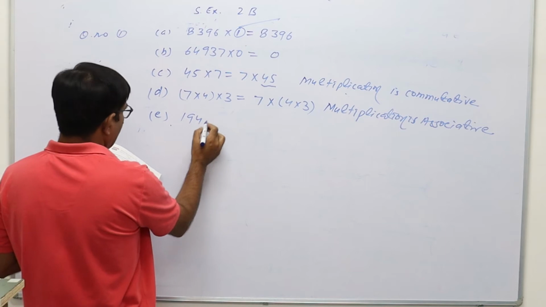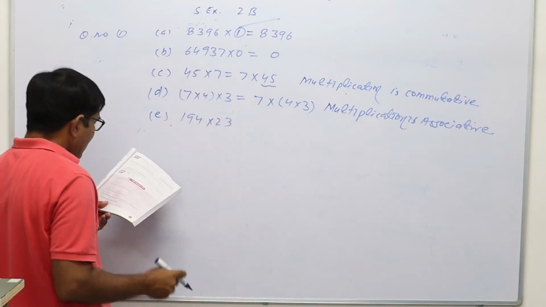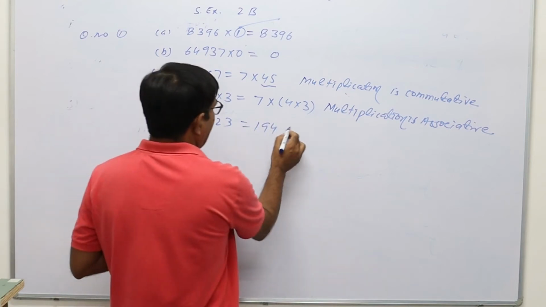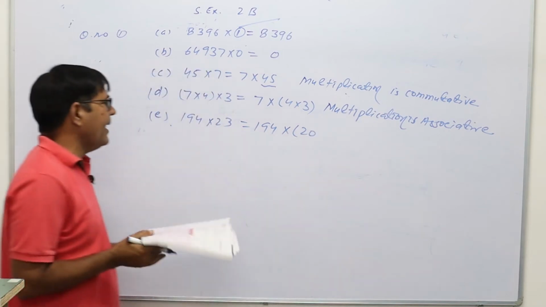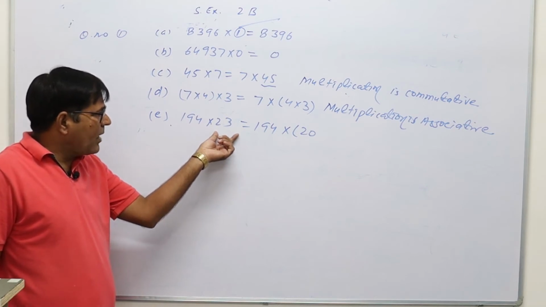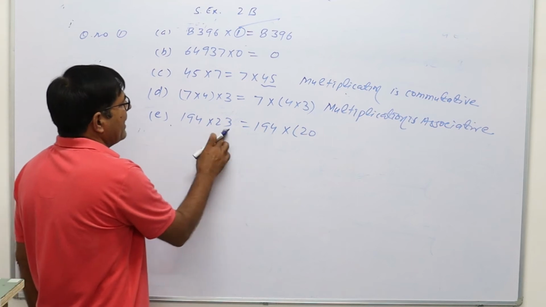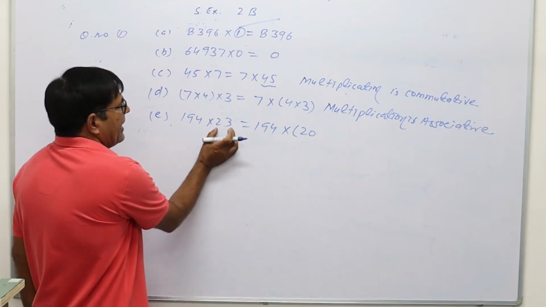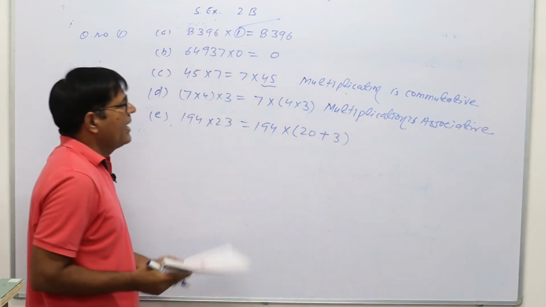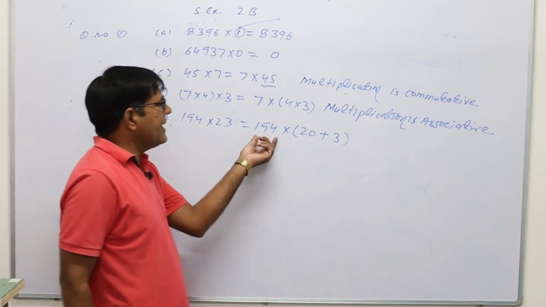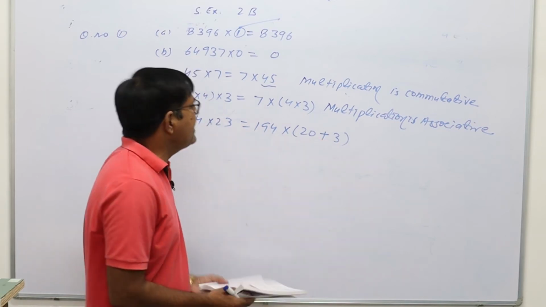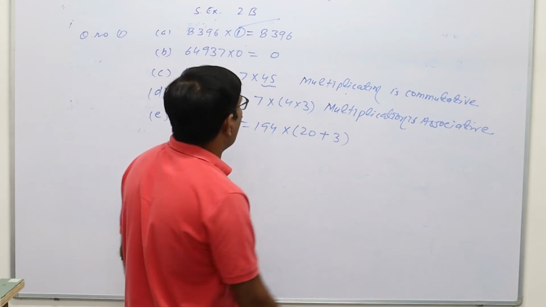Then next question E. 194 multiplied by 23 will be equal to 194 multiplied by 20 plus 3. See here, this 23 is given broken into parts. 194 is multiplied by 23. If we write 23 as 20 plus 3, then it will be equal to 23. Now, let us suppose 194 is A and 20 is B and this is C. Then A multiplied by B plus C. That is, multiplication is distributive over addition.